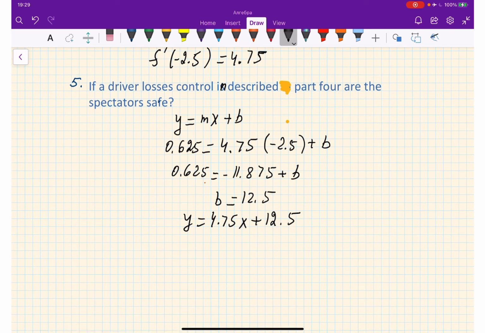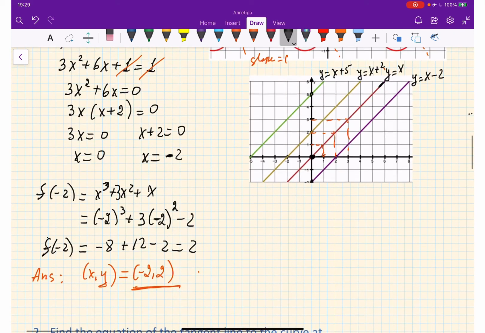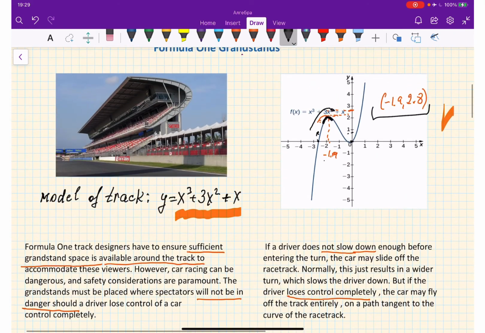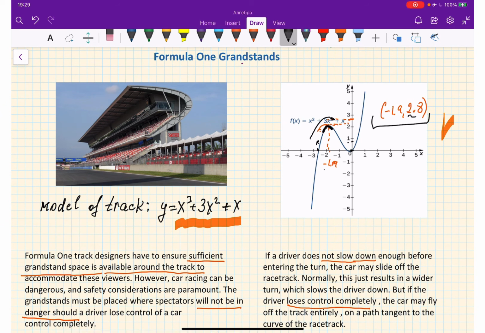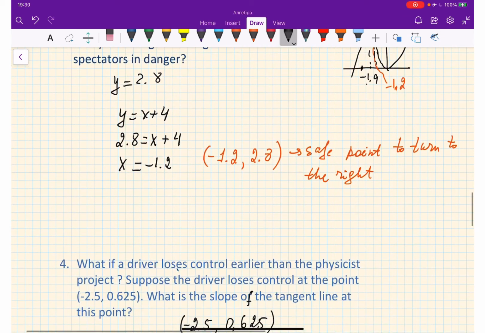So my y is 2.8. Where do we get 2.8? Remember? Right here, because that's the point that we are interested in, whether it's going to be in danger or not. It's going to be 2.8.